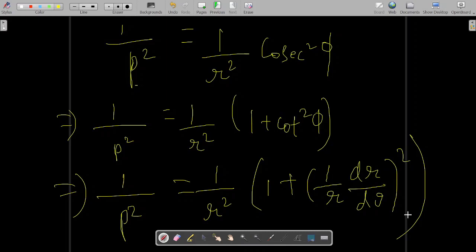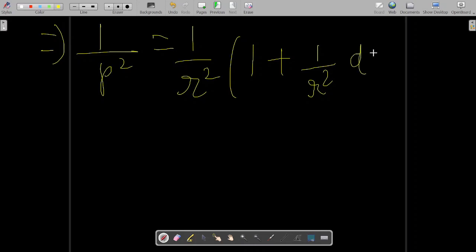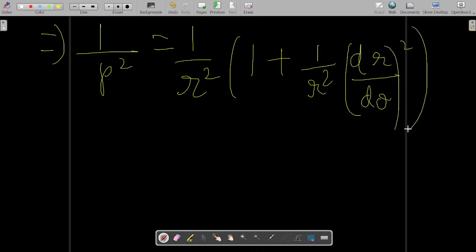Then after you take the reciprocal and multiply, the further step which you will get is 1 over p square is equal to 1 over r square times 1 plus 1 over r square dr by d theta whole square. Right? You will get this.